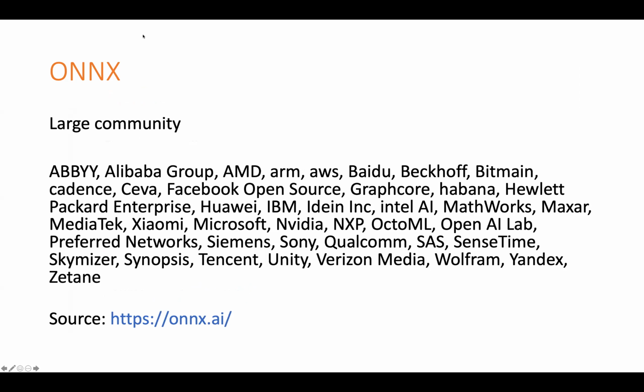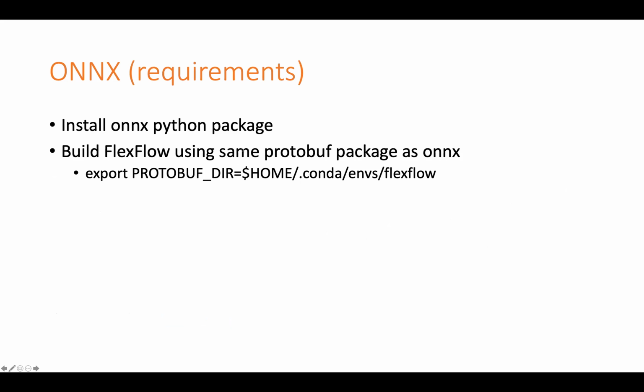PyTorch has native support for exporting to ONNX, and there are converters available for other deep learning frameworks such as TensorFlow. To use the ONNX support, you need to install the ONNX Python package, and you need to ensure that FlexFlow is built using the same protobuf library as was used to build the ONNX Python package.